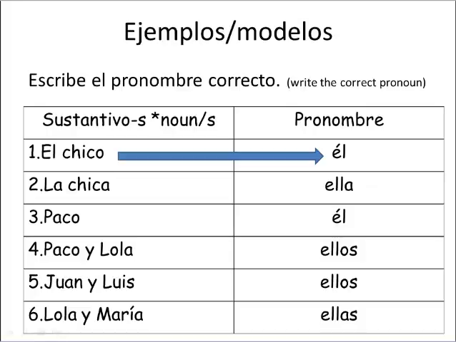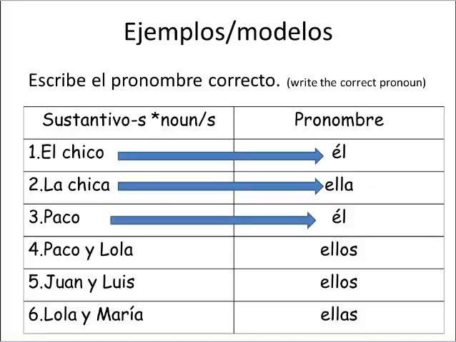Okay, número dos, la chica. So if I was talking about la chica and I didn't want to repeat the noun la chica, I would be referring to her. So in this class I would be referring to what she does, and the pronoun in Spanish would be ella. Pronoun for Paco would be él, third person.